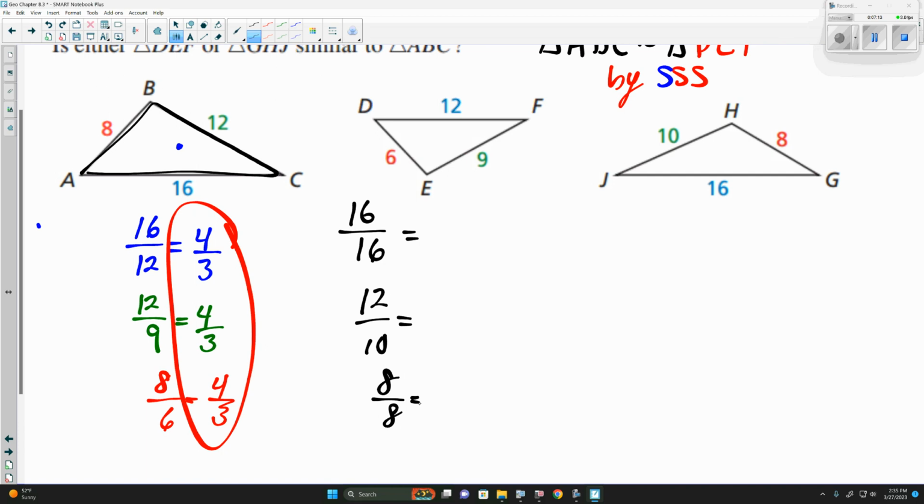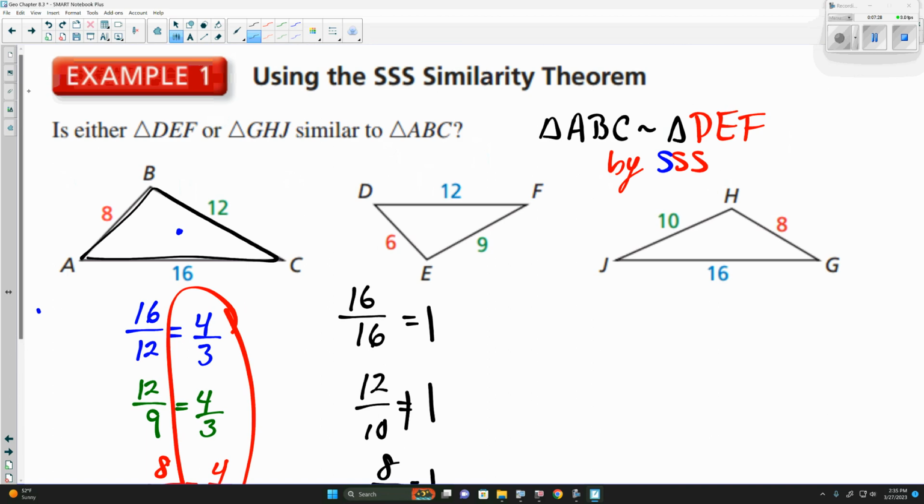Well, what is 16 over 16 reduced to? 1. 8 over 8 is 1. 12 over 10 is not 1. Since they are not all the same proportion, they're not similar. So ABC and DEF are similar. Because as soon as we get one proportion that's not the same as the others, we can say that they are not similar.